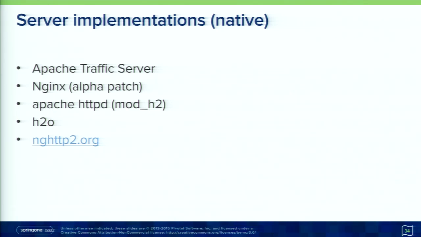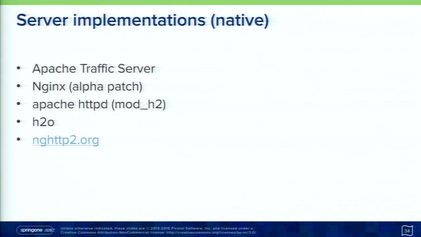There's also a module for Apache HTTPD. There's also a new server implementation called H2O. It's a really interesting one, and I really advise you to take a look at it because it's implemented just for HTTP2, and it's trying many interesting things and new features with HTTP2, with server push and prioritization.